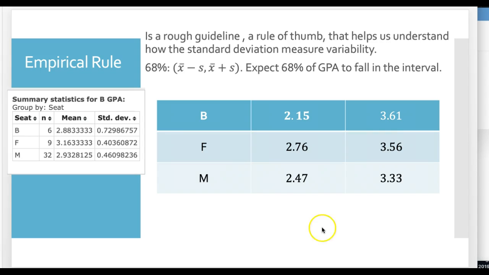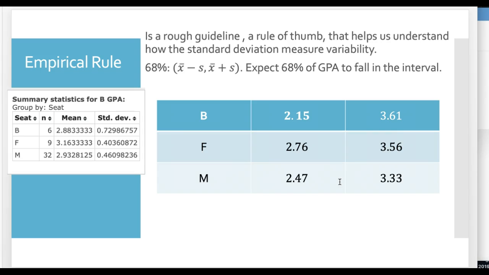For the middle row, if I had 100 students sitting in the middle rows, I would expect 68% of their GPAs to fall somewhere between 2.47 and 3.33.